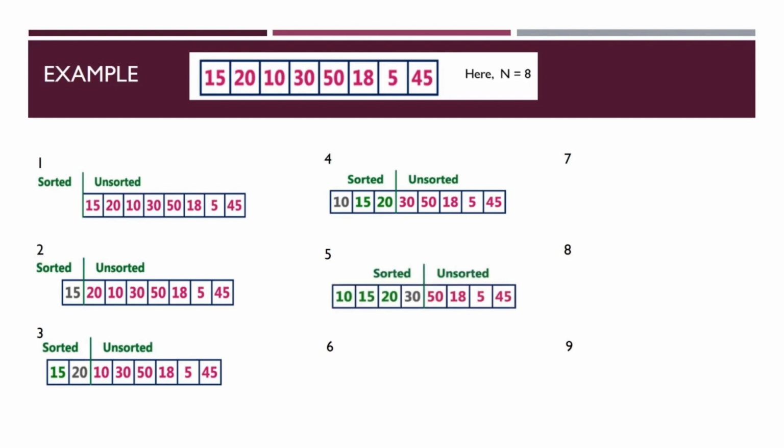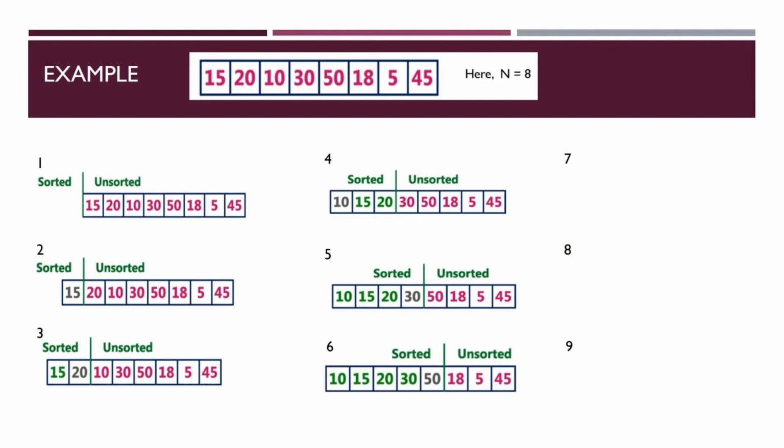To move element 30 from unsorted to sorted portion, compare 30 with 20, 15 and 10, and it is larger than all of these. So 30 is directly inserted at the last position in the sorted portion of the list. To move 50 from unsorted to sorted portion, compare 50 with 30, 20, 15 and 10. It is larger than all of these.